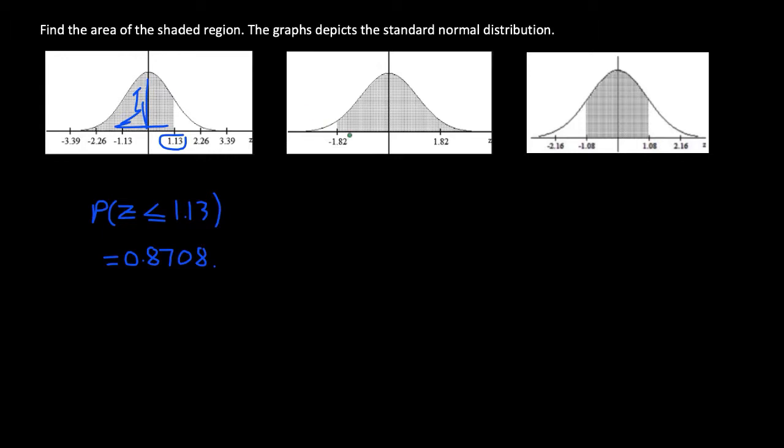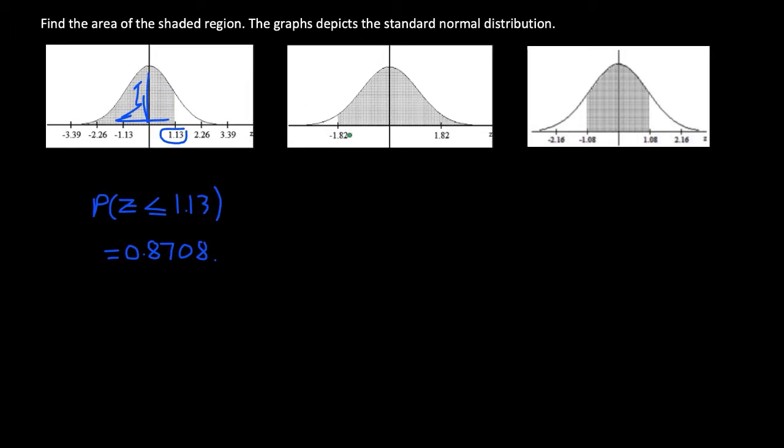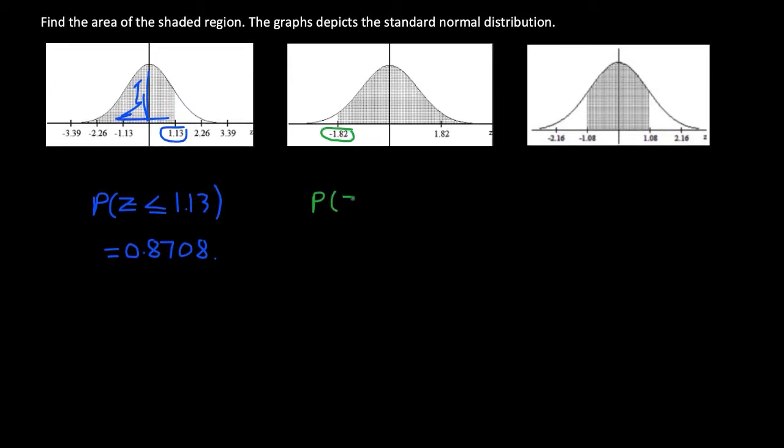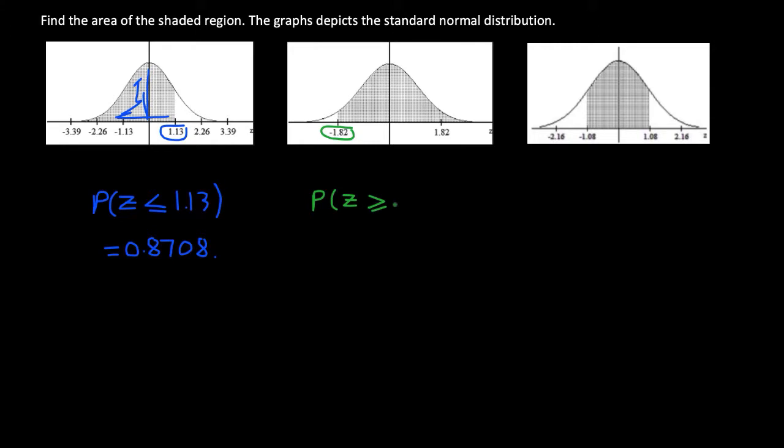Yes, second graph, we have an area greater than negative 1.82. So we can write down this probability z greater than or equal negative 1.82. So we know we cannot find this value directly from the table.